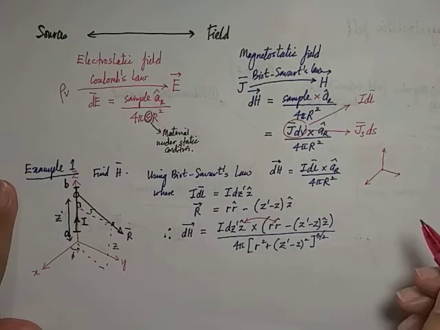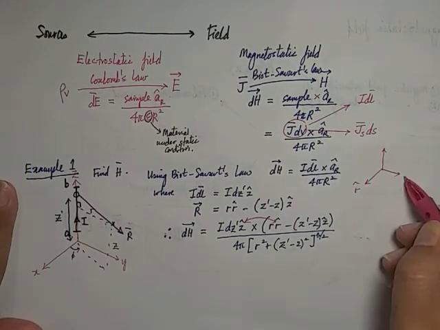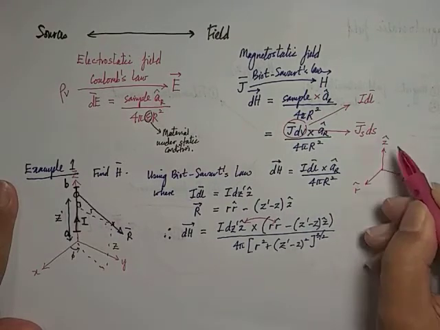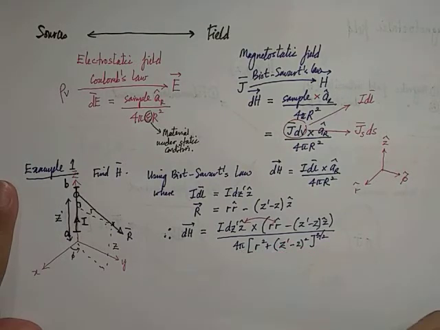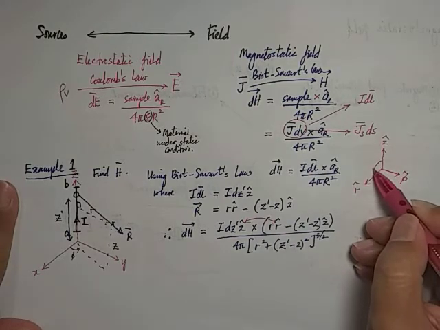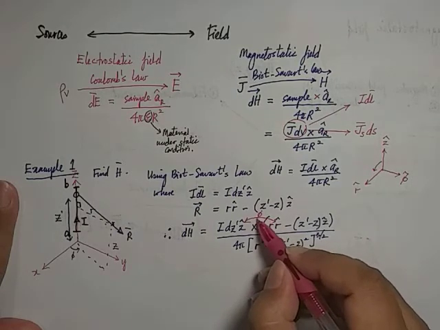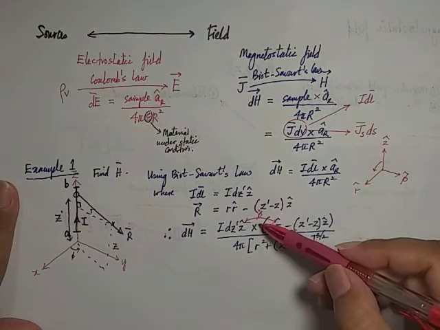For cylindrical coordinates, this is given in terms of r unit vector, phi unit vector, z unit vector. Now I'm doing the cross product z cross r. Using my right hand rule, I'm moving from z to r. My thumb is showing what now? Yes, phi unit vector. So the solution for z cross r is phi.